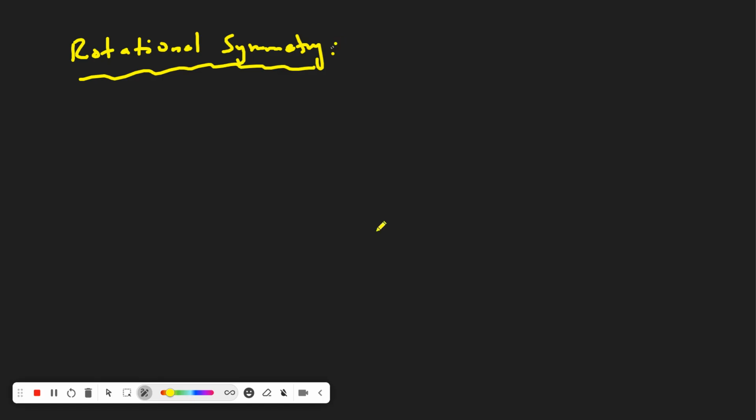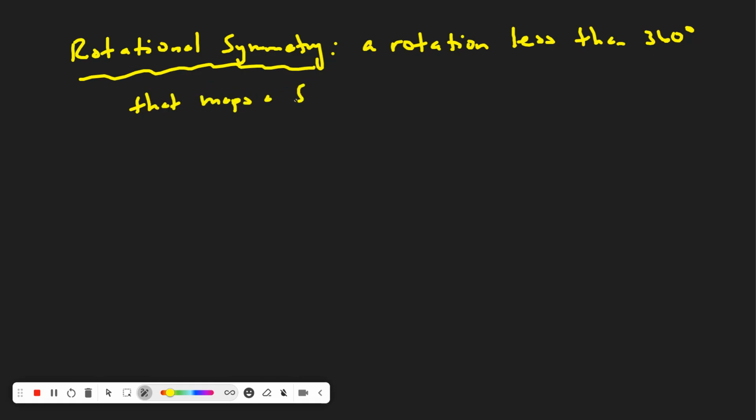So when we're looking for rotational symmetry, we're looking for a rotation, a turn, less than 360 degrees, that maps a figure onto itself. We're looking for a rotation less than 360 degrees that maps a figure onto itself.